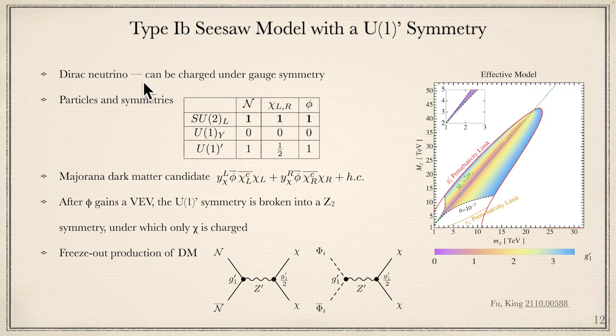Because in the type 1b Seesaw model there is a Dirac neutrino, it can be charged under a gauge symmetry without breaking the gauge symmetry. It is not possible for a Majorana neutrino, because the Majorana mass is naturally incompatible with any U(1) gauge symmetry.